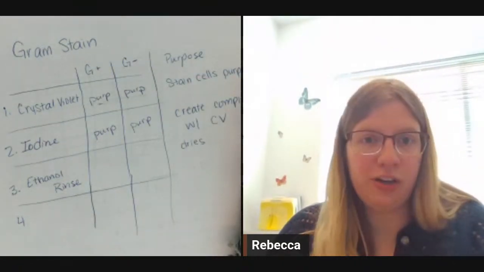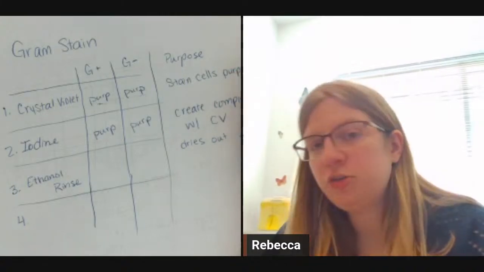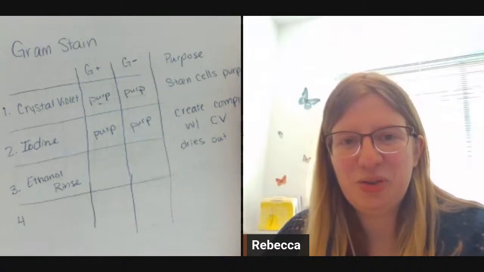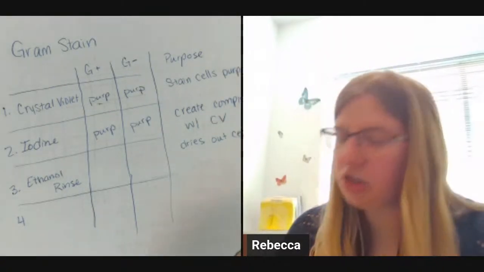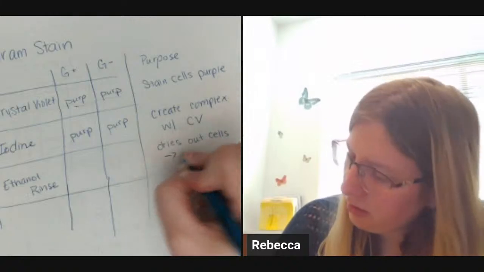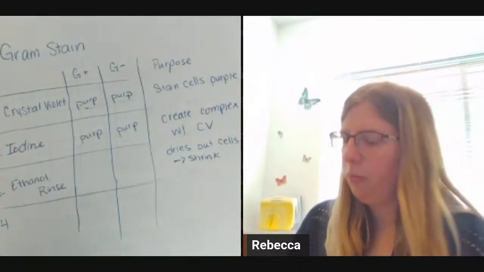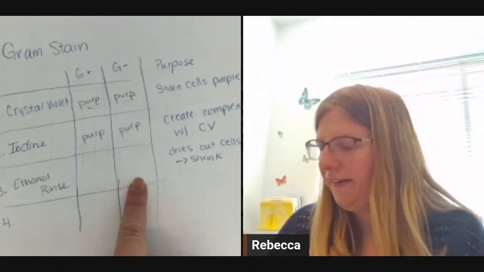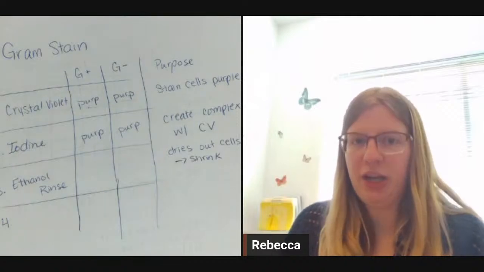Now that we've learned in lecture about osmoregulation and hypotonic or hypoosmotic solutions, we know that when cells get dried out, they shrink. So both our thick peptidoglycan layer in the gram-positive and the thin layer and outer membrane of the gram-negative are going to shrink with the cell.